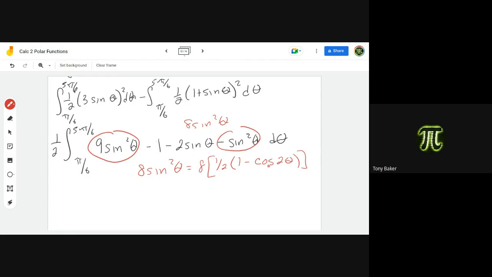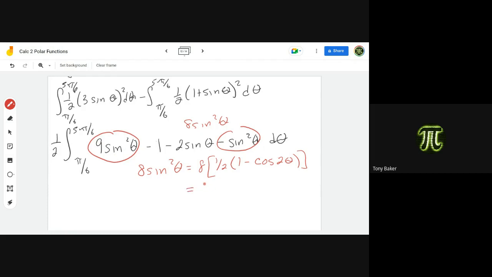No, sine becomes minus cosine 2 theta. It's not cosine squared, it's cosine 2 theta. So cosine squared and sine squared both become basically the exact same thing. The only difference is the sign. Cosine's positive, sine's negative.